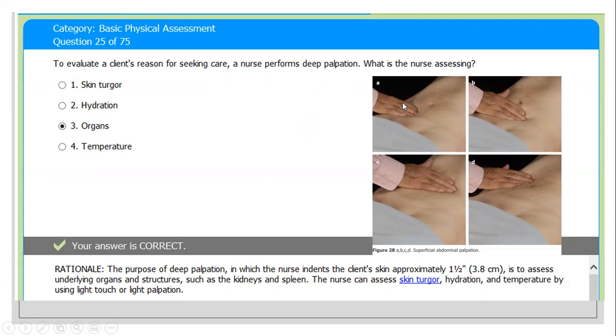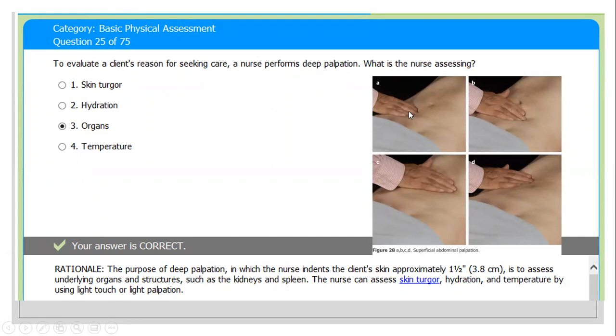So in this picture, we can see deep palpation over the liver, spleen, and other abdominal organs. The purpose of deep palpation is that the nurse indents the client's skin approximately 3.8 centimeters.